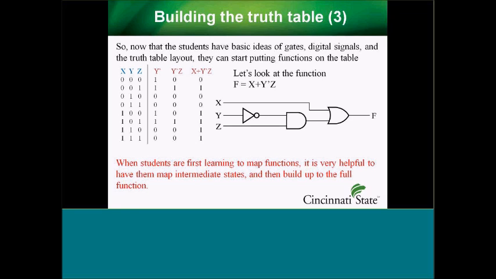So for example, let's just take it piece by piece. We'll take the Y prime. So there's Y, so we can write down what Y prime is. Then let's look at Y prime and Z. Okay, so then we'll do Y prime Z. And then, okay, let's look at the full expression. So now all we have to do is look at two columns. I've got X, or Y prime Z. If any of these is 1, then the output's 1.